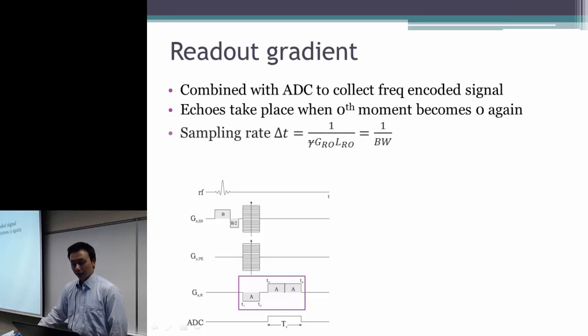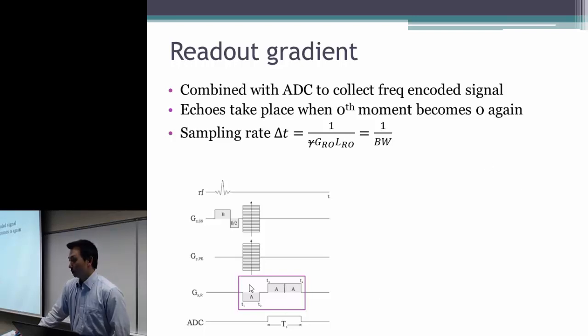And then it's the readout gradient. The readout gradient is combined with the ADC, the analog to digital converter, to collect the frequency encoded signal here. The echo takes place when the zeroth moment becomes 0 again.